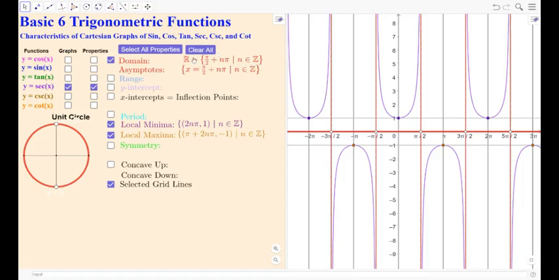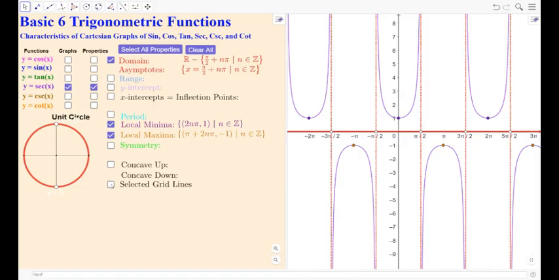So the domain is all reals except for that. And those x values are vertical lines. x equals pi over 2 plus n pi, such that n is an integer, are the set of all those vertical asymptotes.